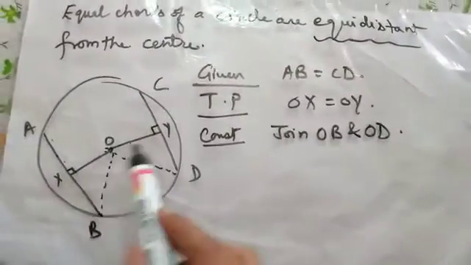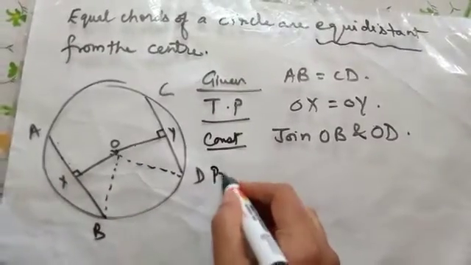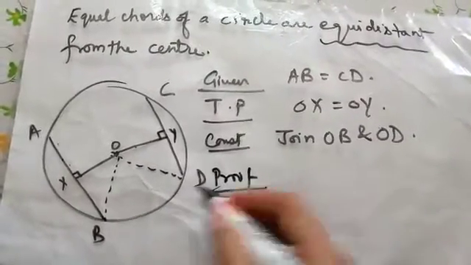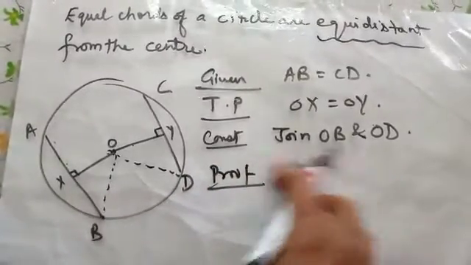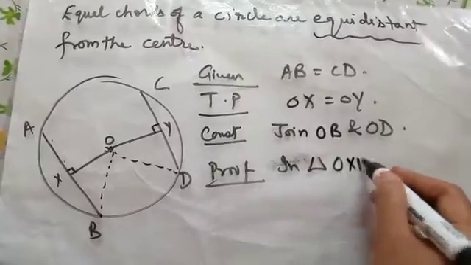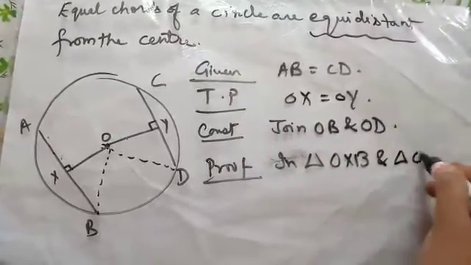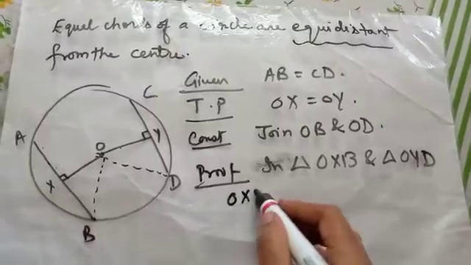Now can you prove the congruency of these two triangles? Let us try this out. Proof. So in triangle, which triangles we are considering? In triangle OXB and triangle OYD. OX is equal to OY.